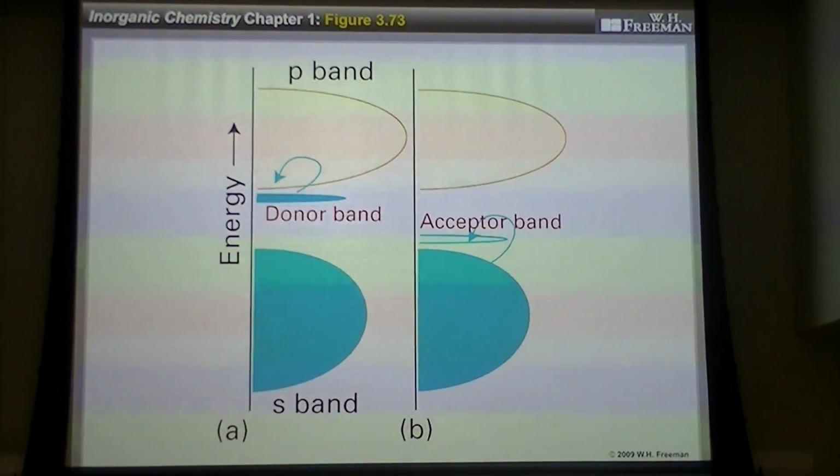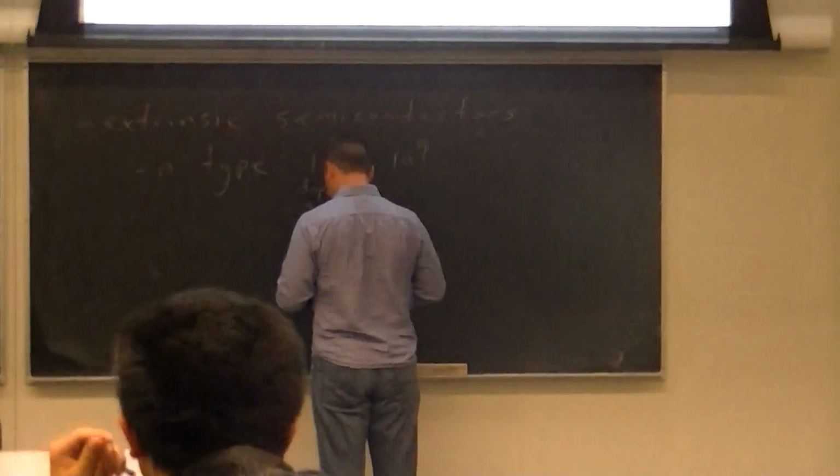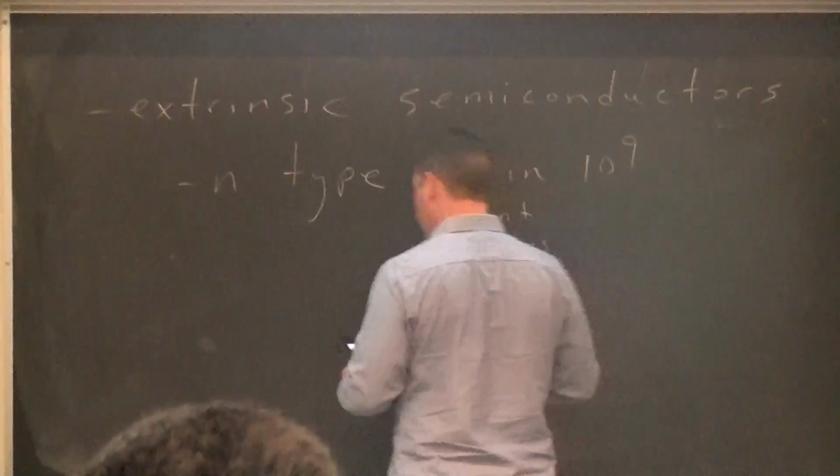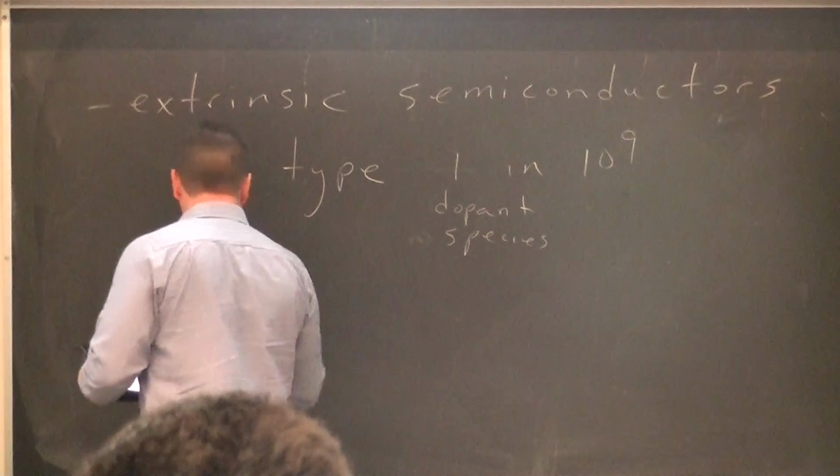And because it's higher in energy, it's going to be closer to the p band. That is for an N-type semiconductor.